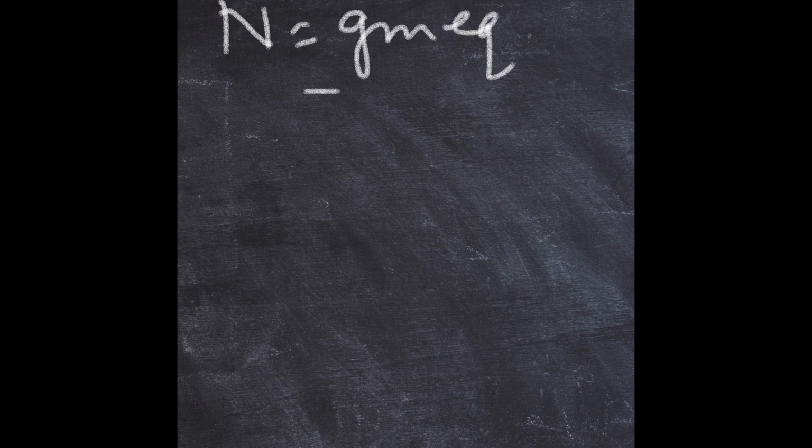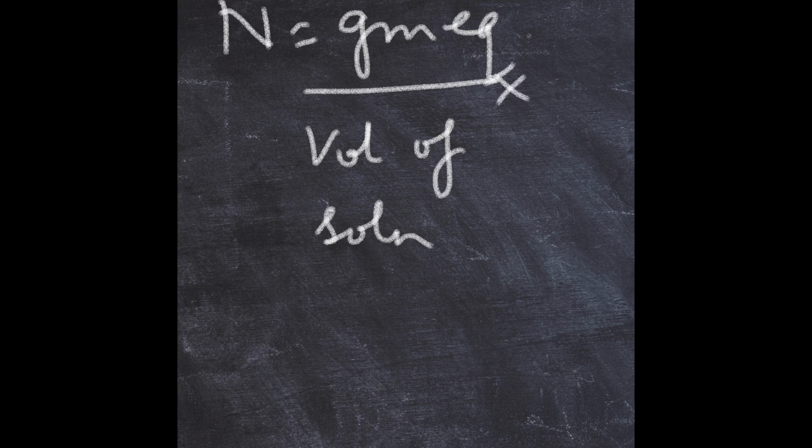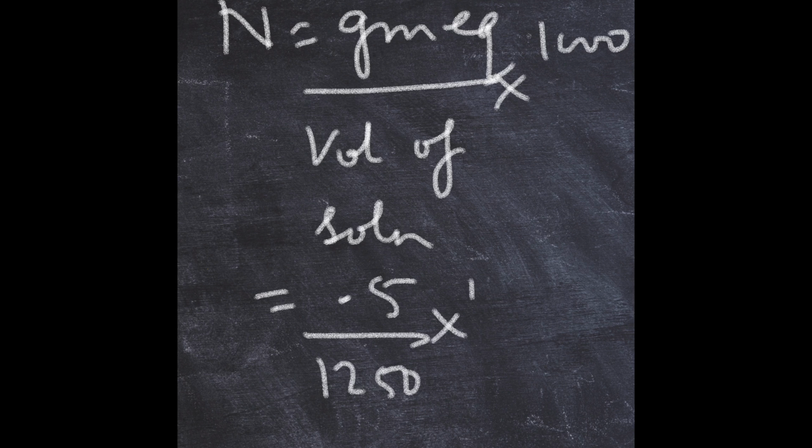So when we have to take out the normality, normality is gram equivalence upon volume of solution multiplied by 1000. So gram equivalence is 0.5, volume of solution is 1250 ml, multiplied by 1000. So this comes out to be 0.4 N.